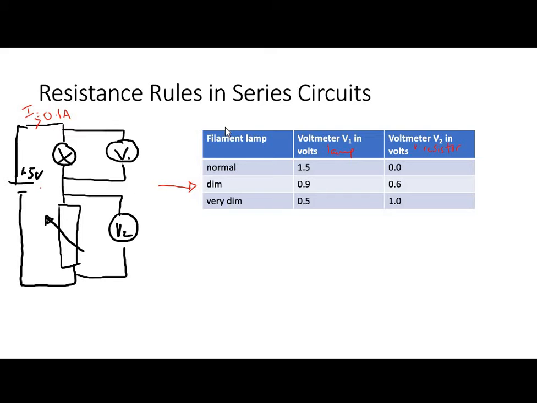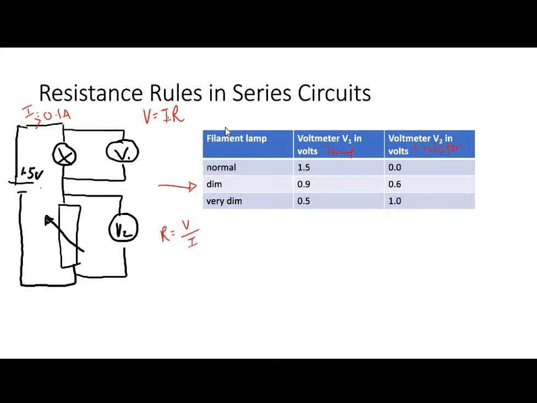Now, when it's dim, we can work out what the resistance would be. If we recall our equation that links all of these things together, V equals IR. To work out resistance, we therefore need to take our voltage and divide it by our current.